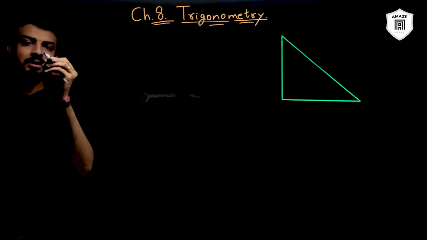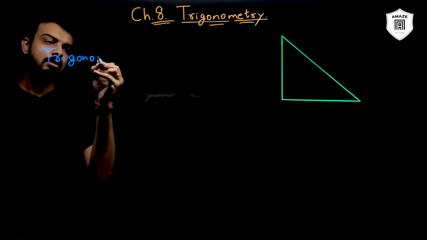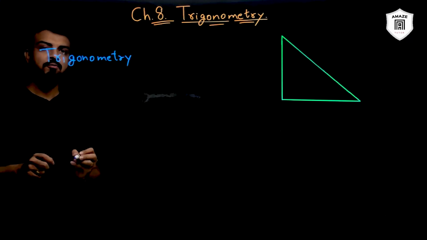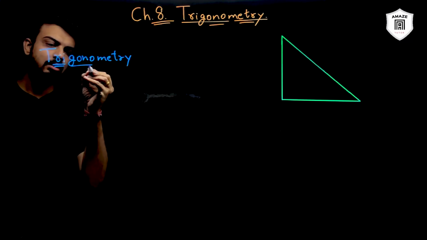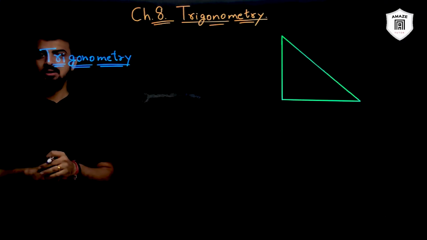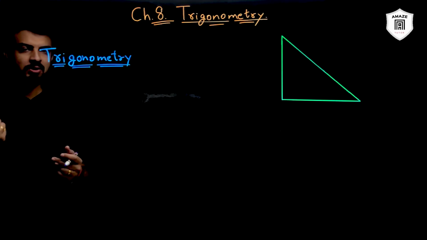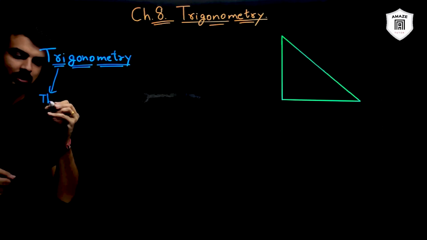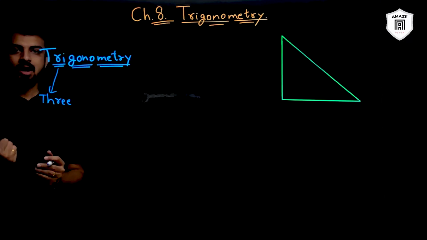Trigonometry is formed using three Greek words: tri, gon and metry. What do you mean by tri? You must know tri means 3, right? Bi means 2, tri means 3.